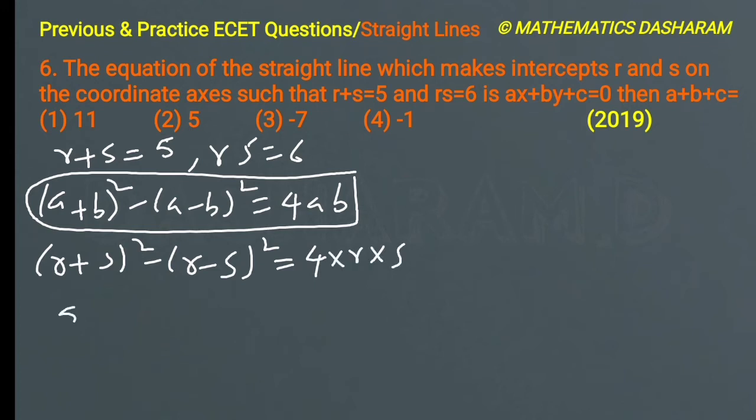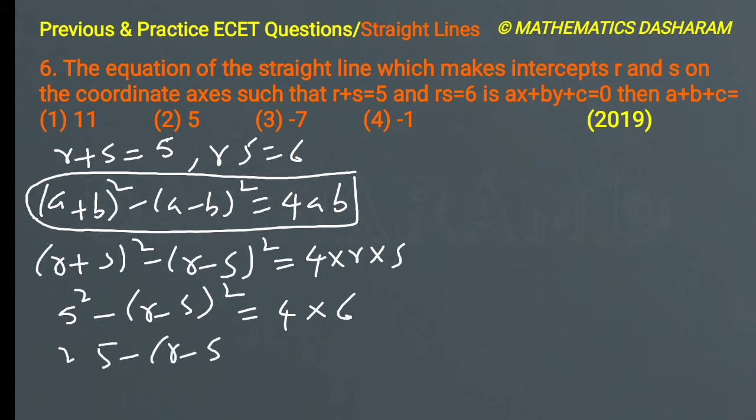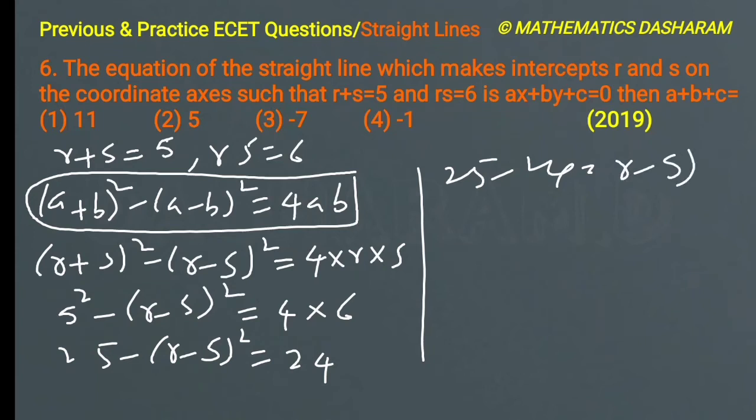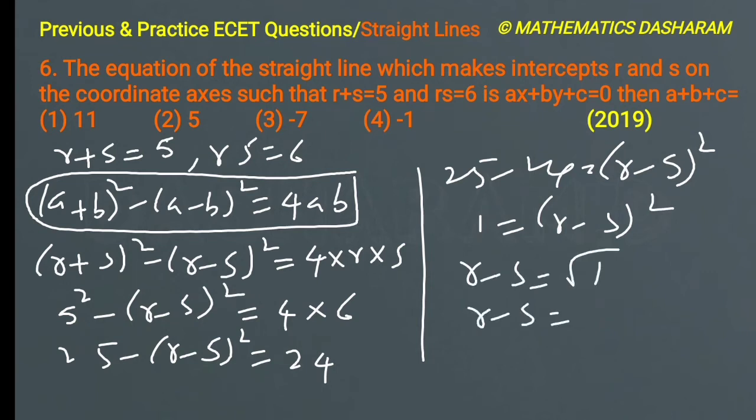R plus s is 5, squared, and 4 into r into s is 4 into 6. So 25 minus (r minus s) whole squared equals 24. Then 25 minus 24 equals (r minus s) whole squared, so 1 equals (r minus s) whole squared. Then r minus s equals the square root of 1, so r minus s equals 1.